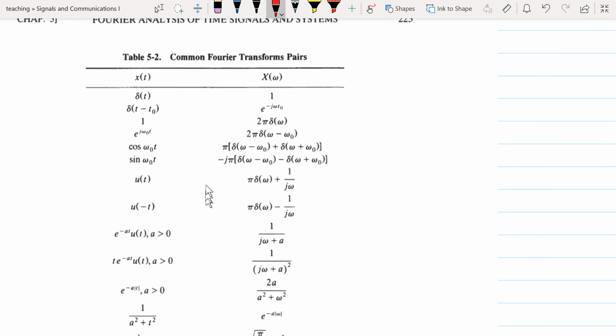Table 5.2 is here to show us some of the common Fourier transform pairs that you can meet, particularly when you are dealing with signals. I'm not going to delve much into this. We have only met, I guess, these two so far. What I would say is that some of these are worth remembering: the Fourier transform of a unit impulse signal is always going to give us a 1.